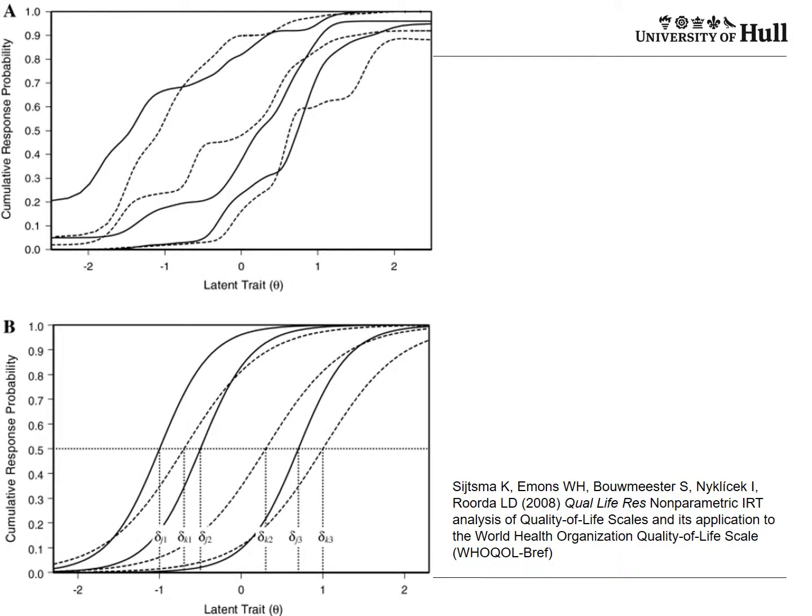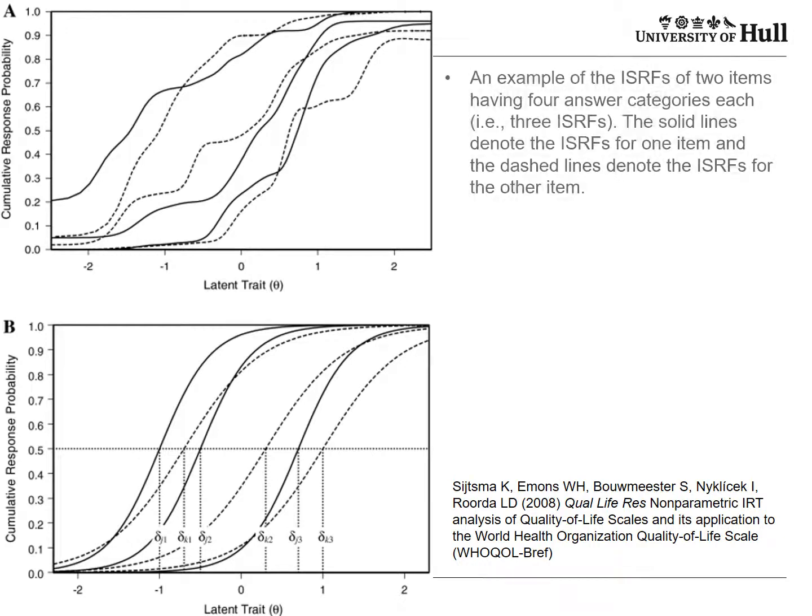So let's take a look at item step response functions. In the top graph you've got two sets of item step response functions. The dotted lines are for one item and the continuous lines are for another. And these are the item step response functions for a 4-option question.